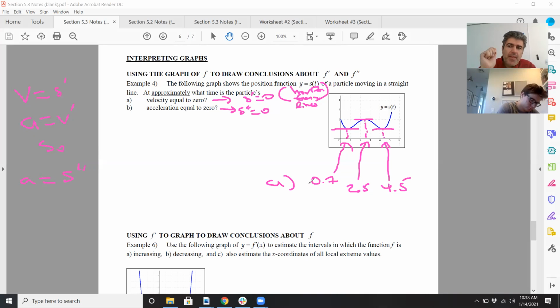Okay, this is the part you have to be really, really careful about. When you want to find where acceleration is 0, it's not quite a point of inflection, but you're kind of looking for points of inflection. So essentially what you're doing is you're kind of eyeballing this.